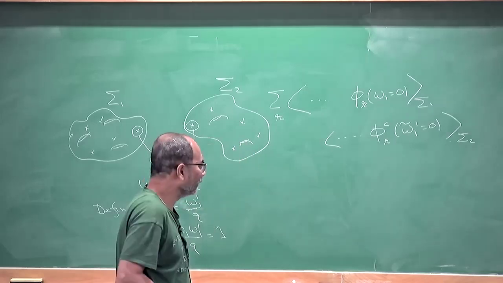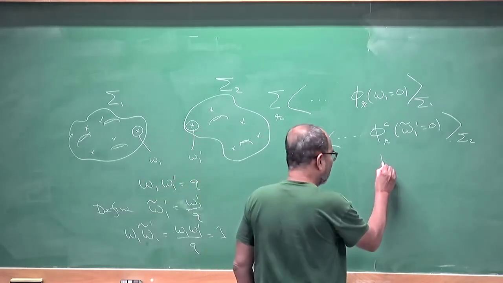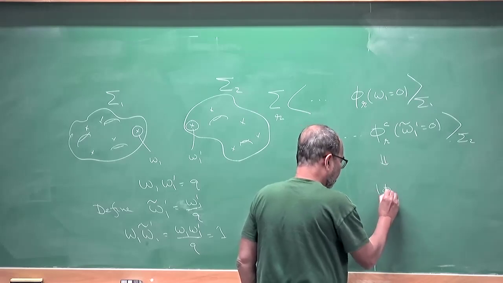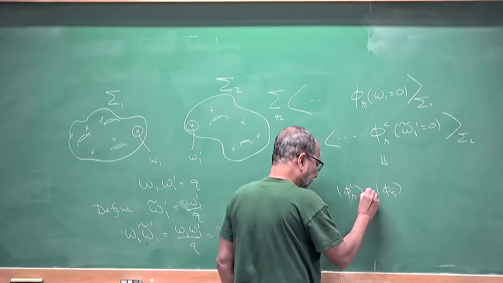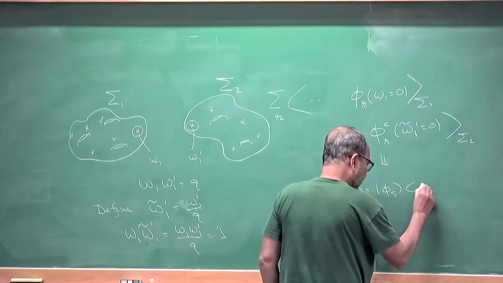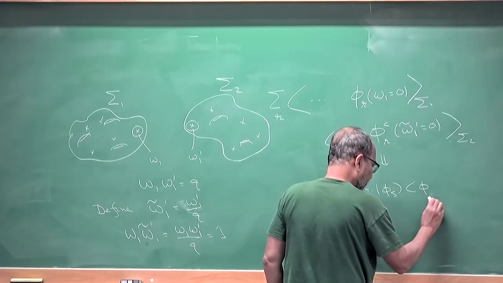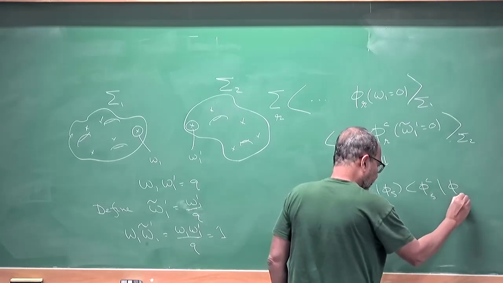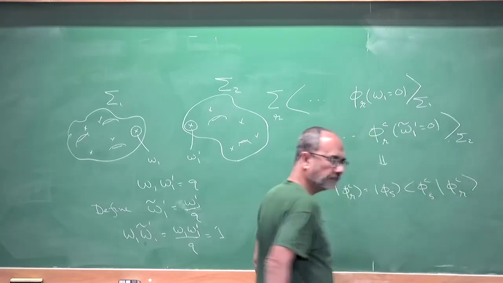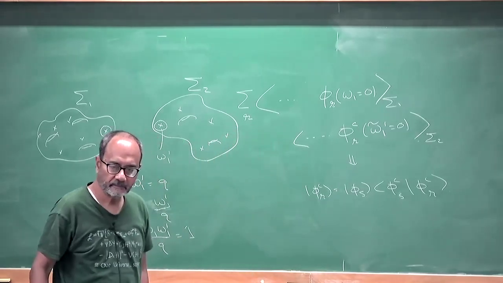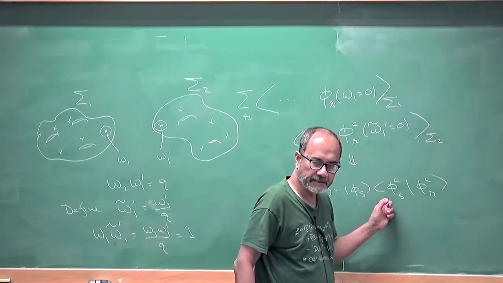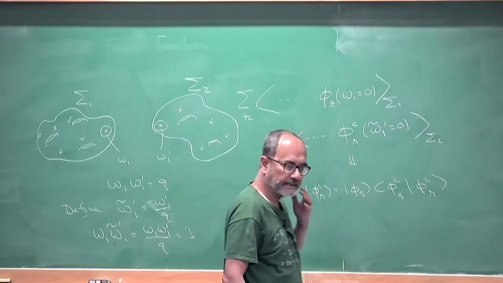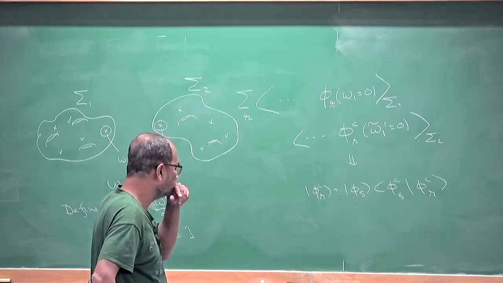Yeah. So we are going to proceed. So now phi RC will write as phi S. So phi RC is phi S times phi SC phi RC, right? Because this is identity. Okay, I insert this identity in between.